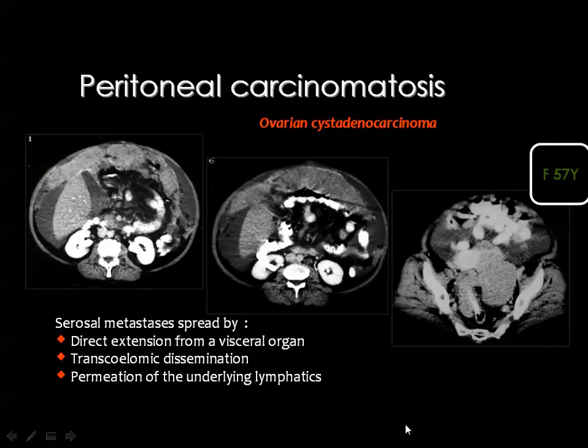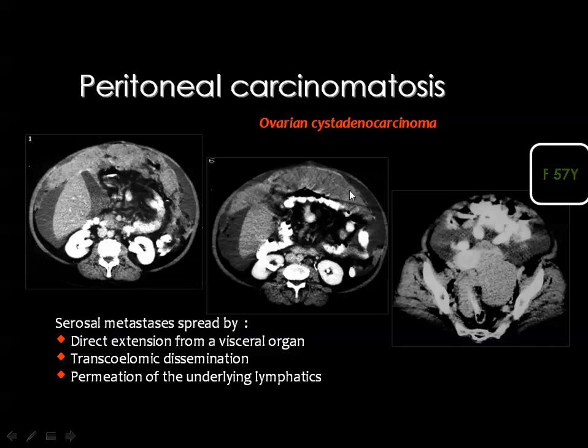And this is a good example of ovarian cystadenocarcinoma and a very big omental cake infiltrating the omentum. Care should be taken not to mistake this as a part of the colon, for example. In these cases, you'll see that the colon and the small bowel are displaced posteriorly, and the mass is intimately related to the anterior abdominal wall.